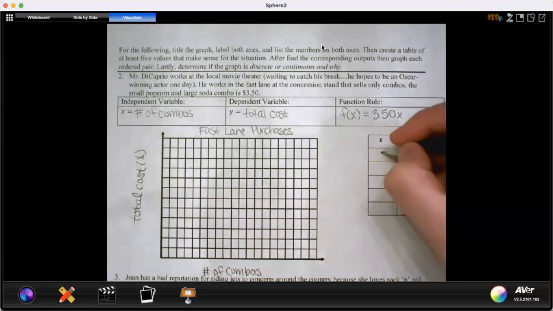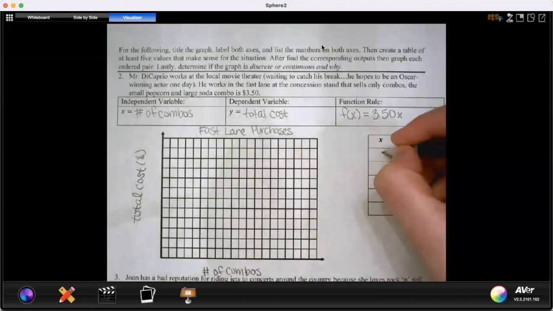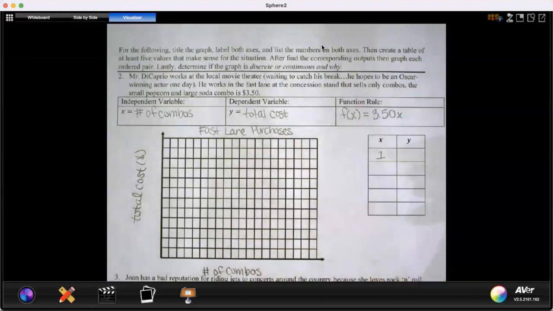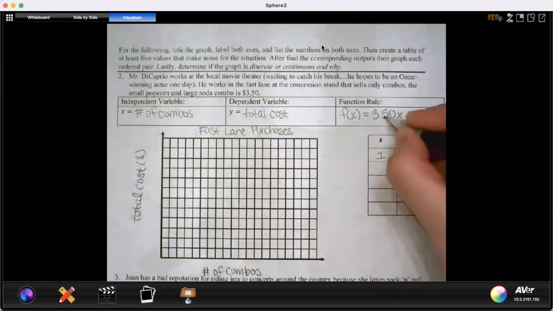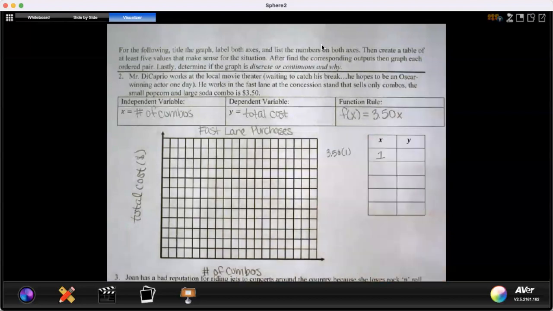So let's say at least we buy one, okay? Because it wouldn't make sense if you went to the fast lane and did not purchase this combo that's only sold in the fast lane. So let's say you just bought one. Well, 3.50 times 1 is going to equal $3.50.